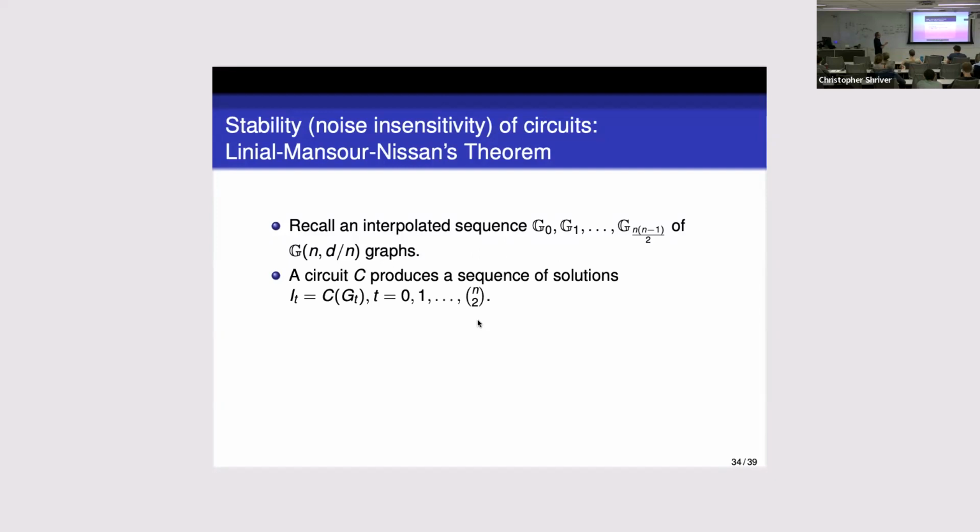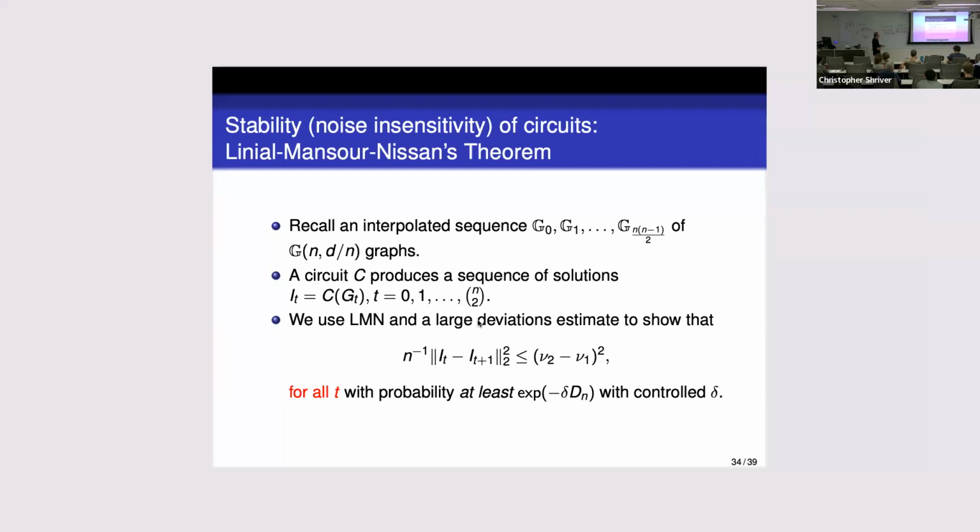Okay, we have an interpolated sequence. So this is a proof map. We apply the circuits. Circuits presumably produce independent sets, presumably of large size. We'll look at the sequence.